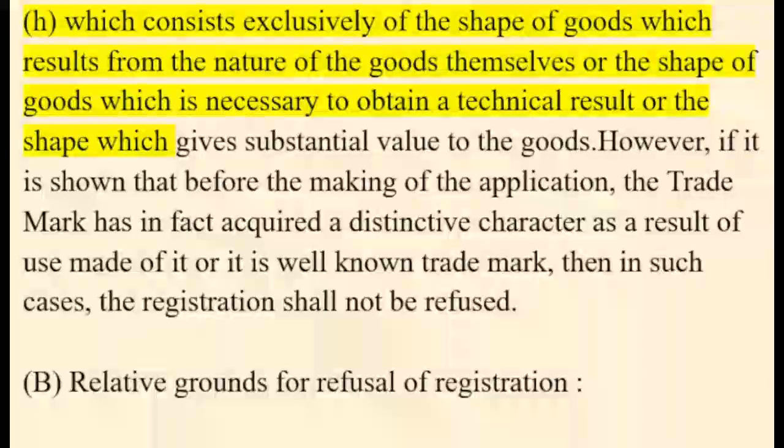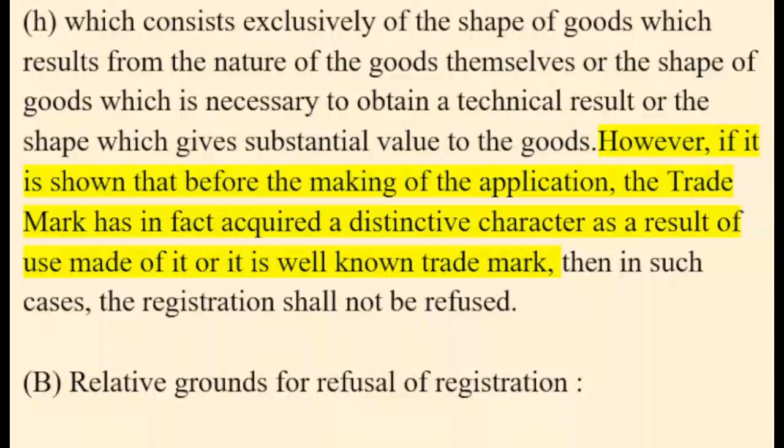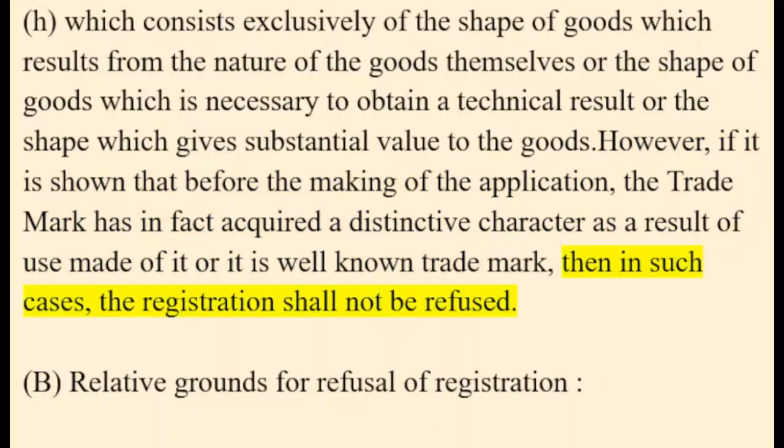H. Which consist exclusively of the shape of goods which results from the nature of the goods themselves, or the shape of goods which is necessary to obtain a technical result, or the shape which gives substantial value to the goods. However, if it is shown that before the making of the application, the trademark has in fact acquired a distinctive character as a result of use made of it, or it is a well-known trademark, then in such cases, the registration shall not be refused.